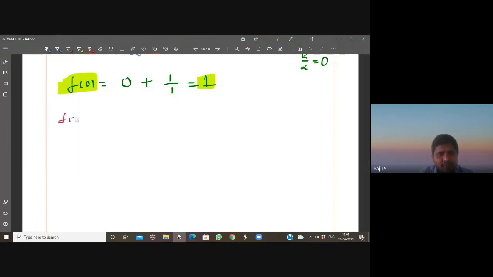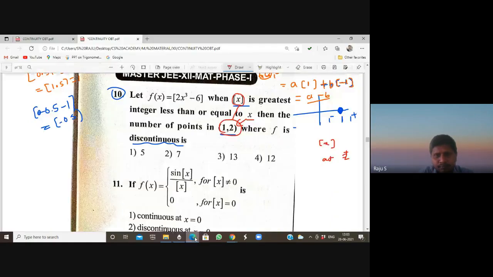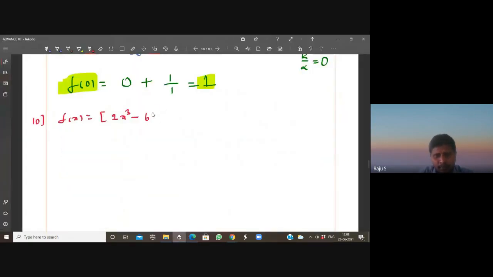f of x value is what? f of x is equal to 2x cube minus 6. Okay, right. And here a domain is given, the open interval (1, 2).